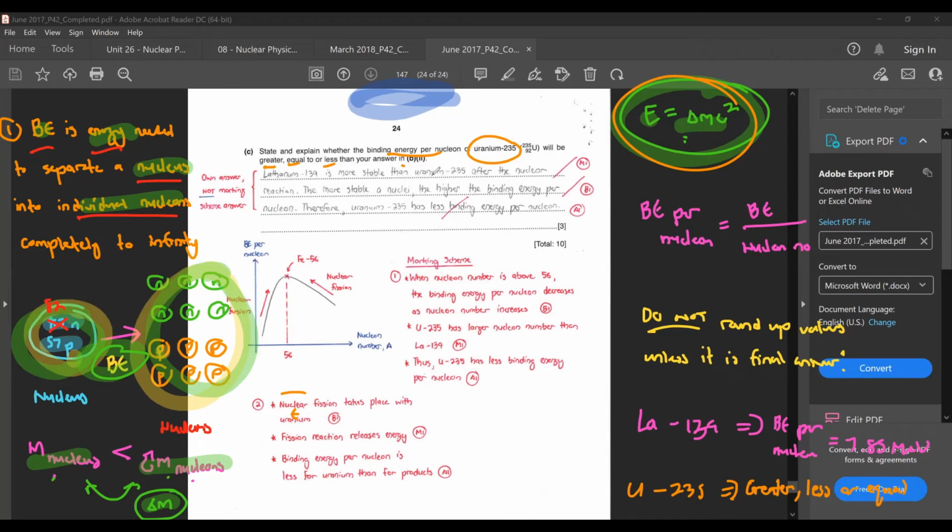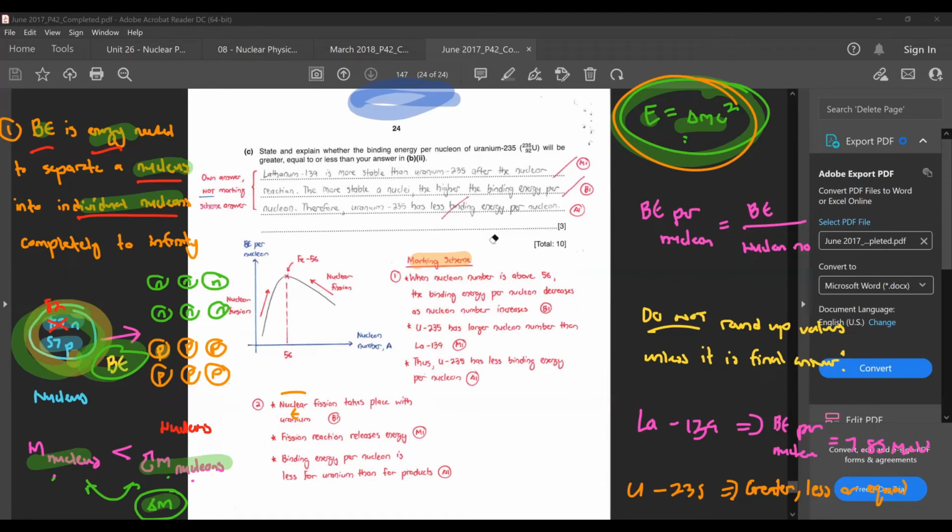Okay, so there's actually two variations of the answer. I think it's better if I just explain based on the marking scheme answer first, which is the explanation in red here.